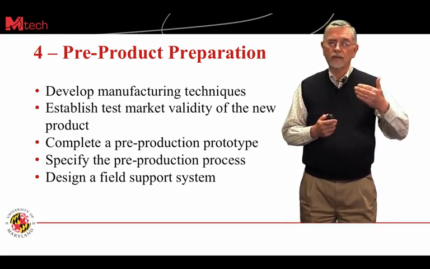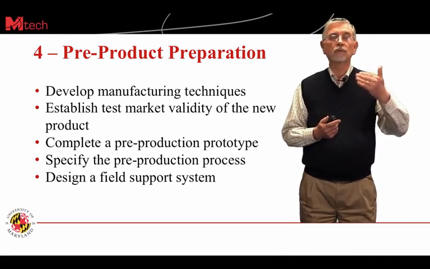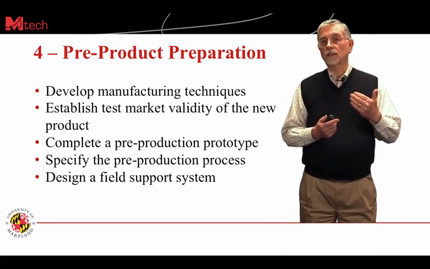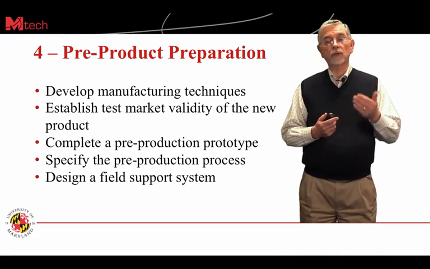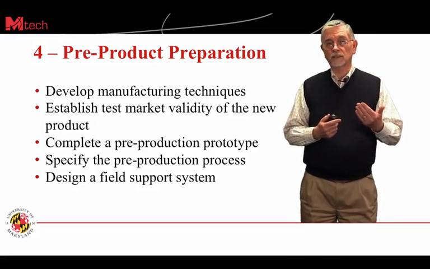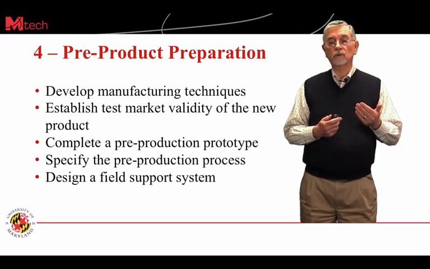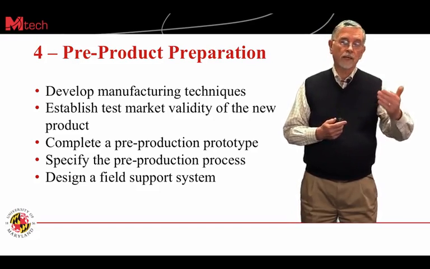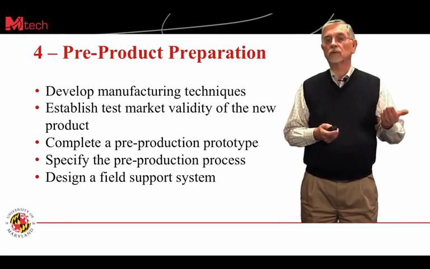You want, at that stage, to begin to see how well it will be accepted in the marketplace. Who are the people that would be most likely to use it initially? And you want to complete some kind of pre-production prototype and to specify a pre-production process that you can actually test. And finally, you want to design some kind of field support system that will look ahead to when this product is put into the marketplace, how it is going to be supported.